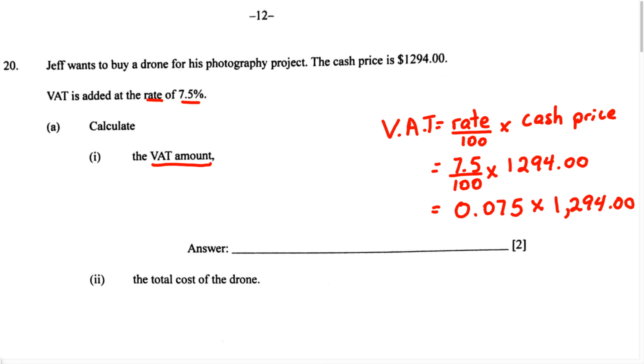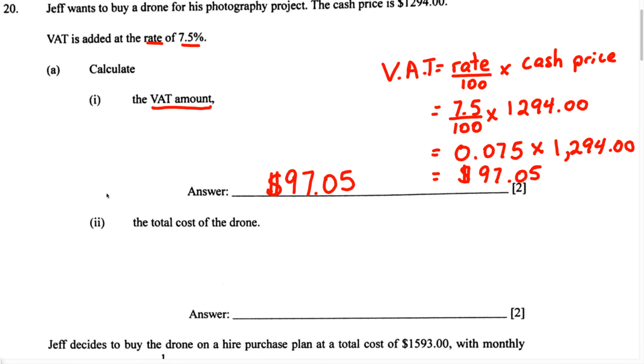Now, when you multiply this, just using your calculator, you're going to get the answer $97.05. Therefore, in the space provided, we're just going to write $97.05. This is our answer for this problem.